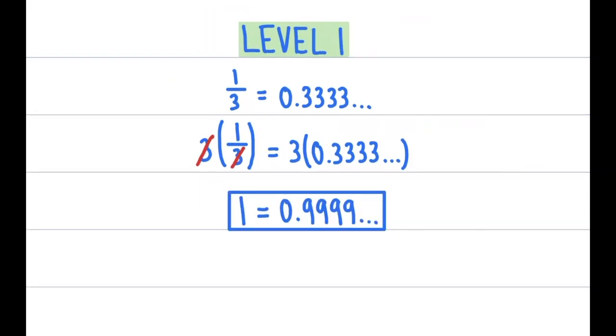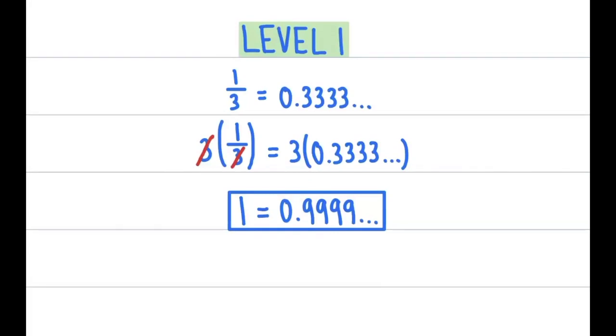Well, let's just break it down. 1/3 equals 0.3 repeating. That's true. And I can multiply both sides of the equation by 3. That's a valid step. It's not like I'm dividing by 0 or anything weird.